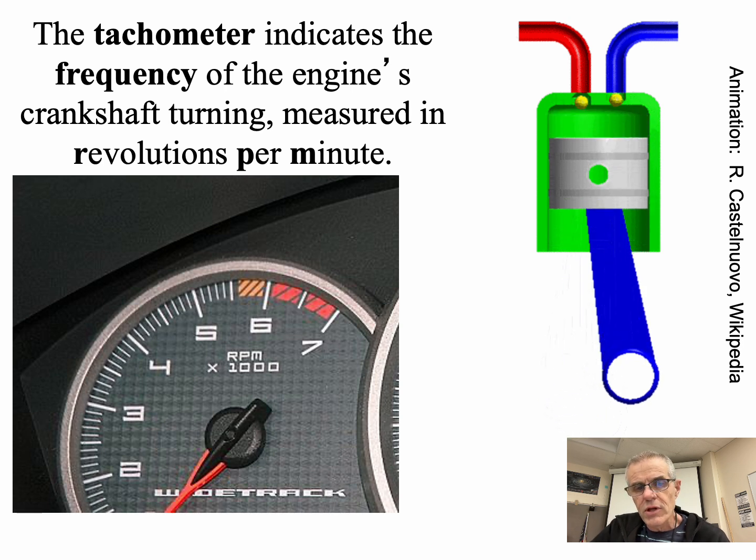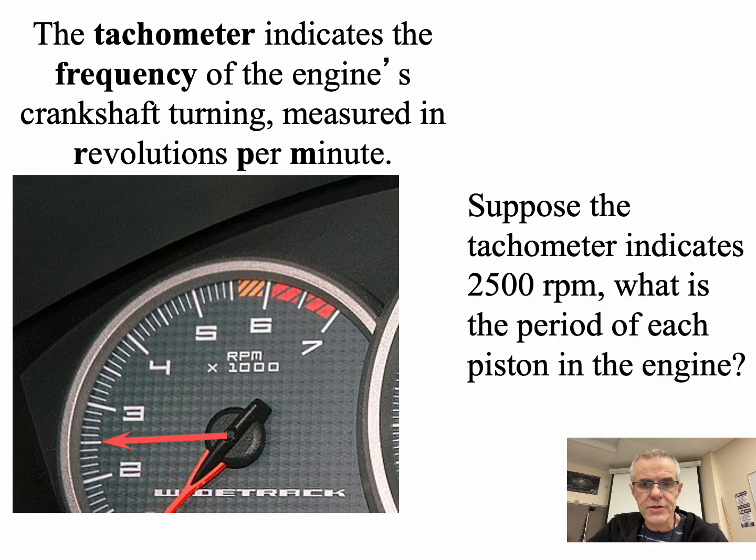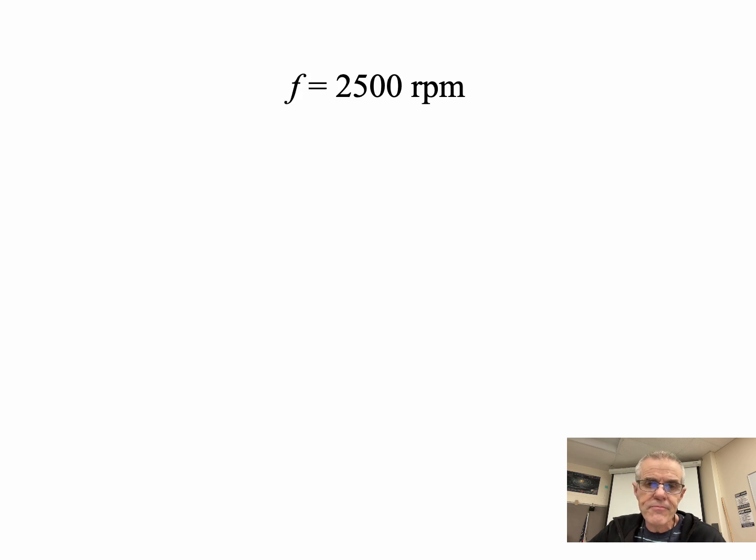So let's turn this into a little example problem. Let's suppose that you're going down the road and your tachometer shows 2,500 RPM. What would be the period of each piston in the engine? What I would do is think about this quantity. 2,500 RPM can be converted to RPS, or revolutions per second.